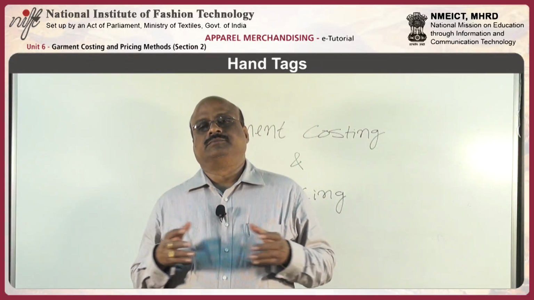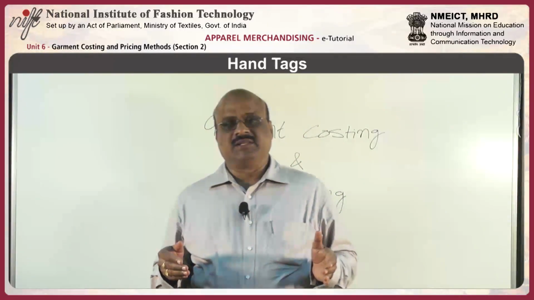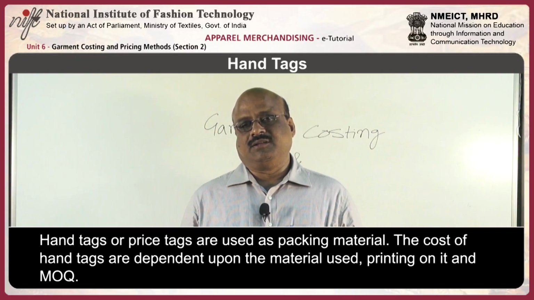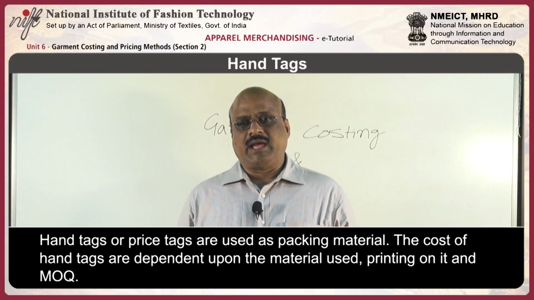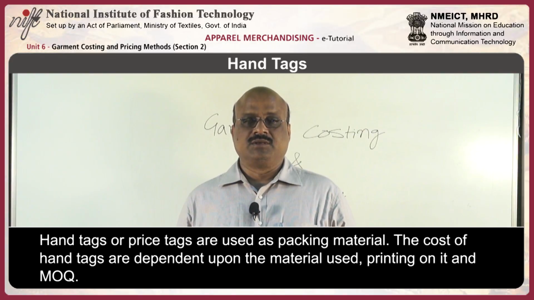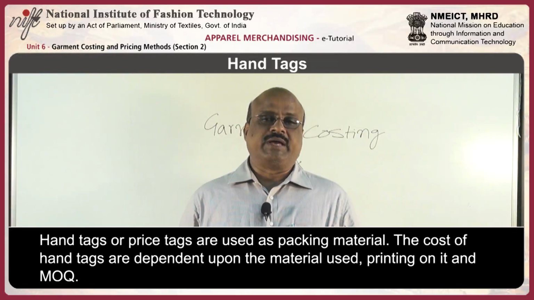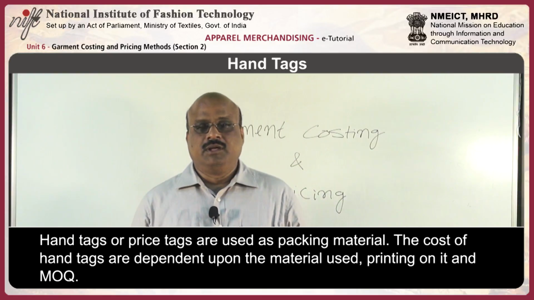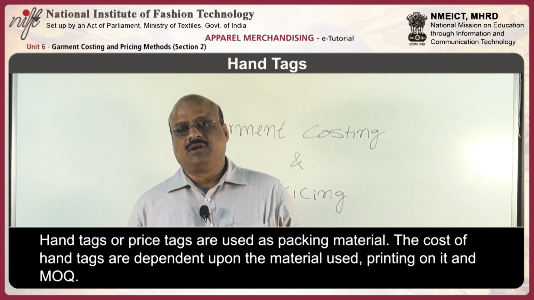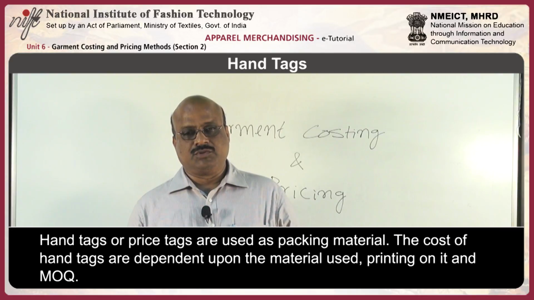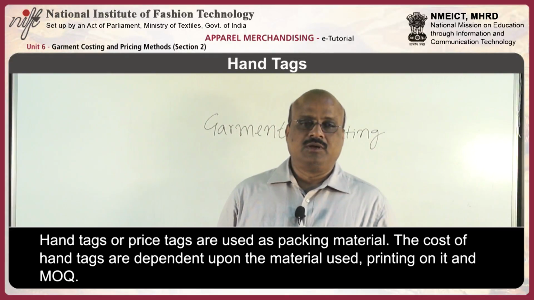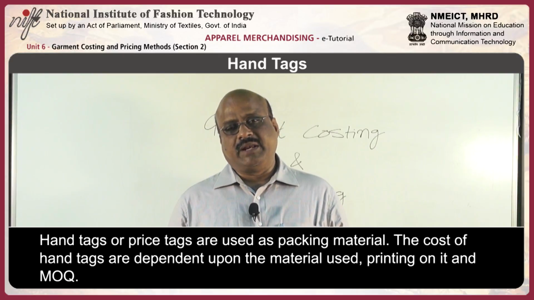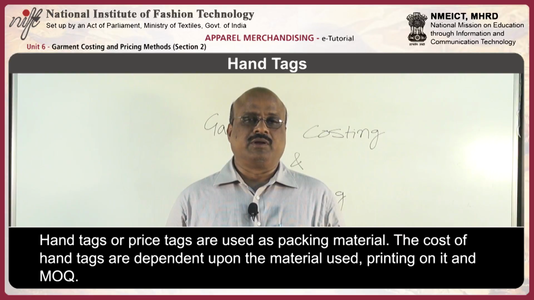The next trim is hand tags, or price tags. Hand tags are used as a packing material. The cost of hand tags depends on the material used, the printing on it, and also the minimum order quantity.